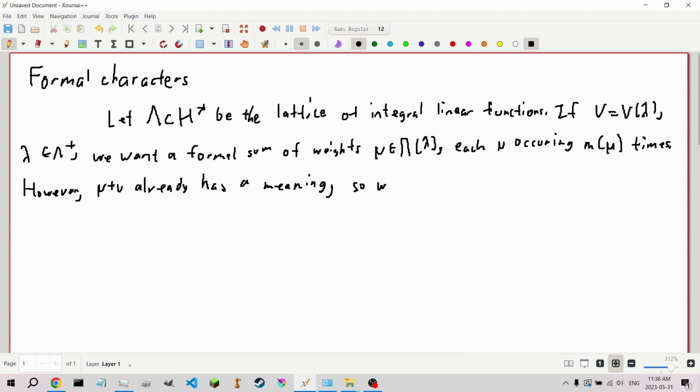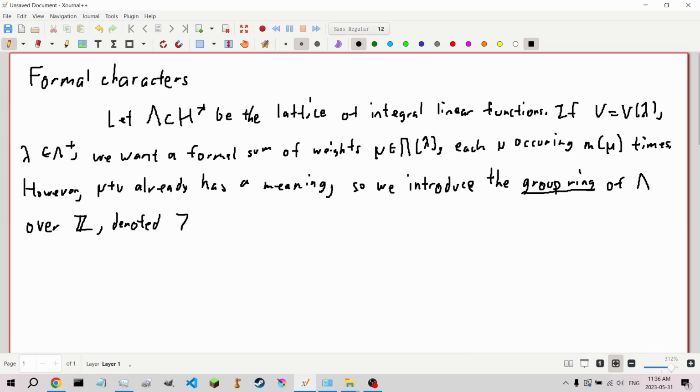So we introduce the group ring, kind of confusing name, of lambda over the integers, denoted then Z of lambda.